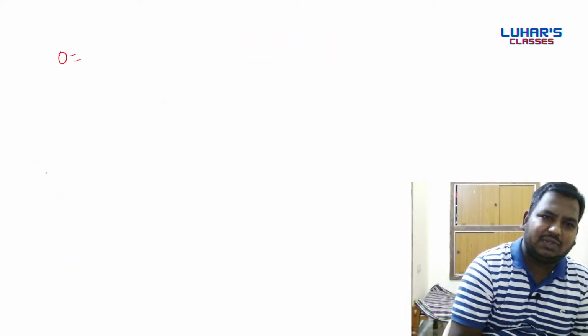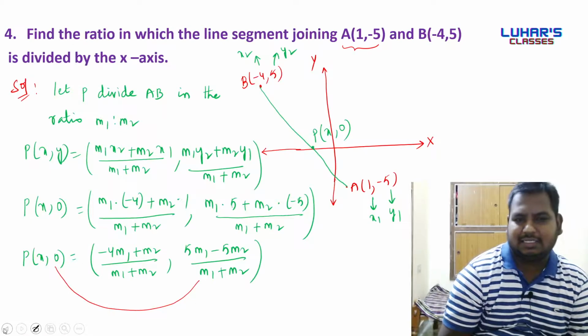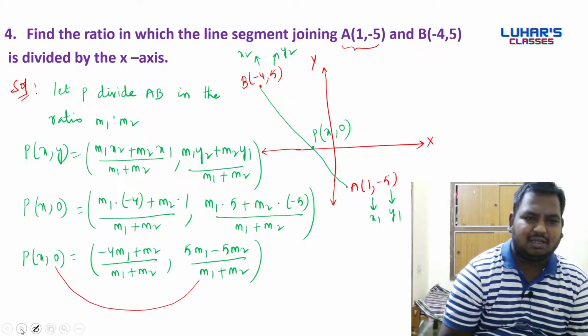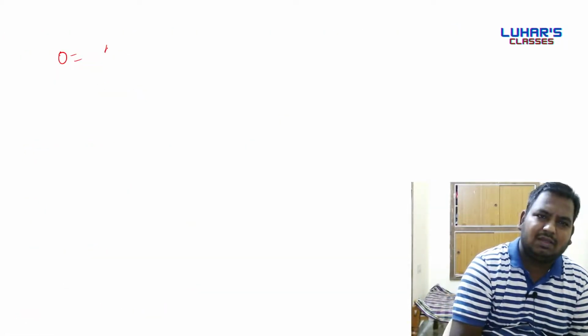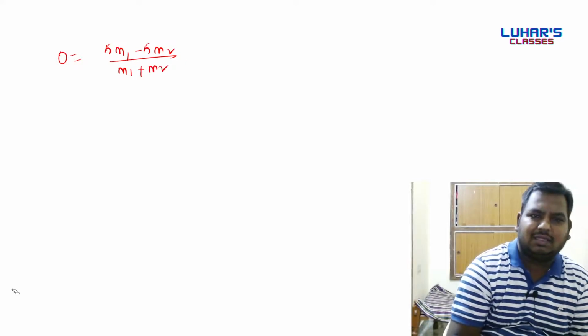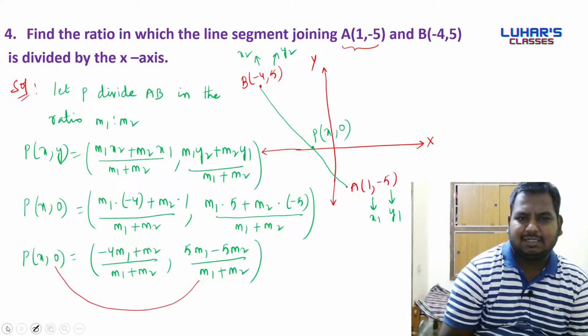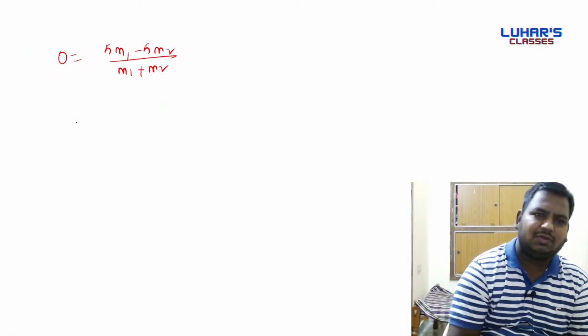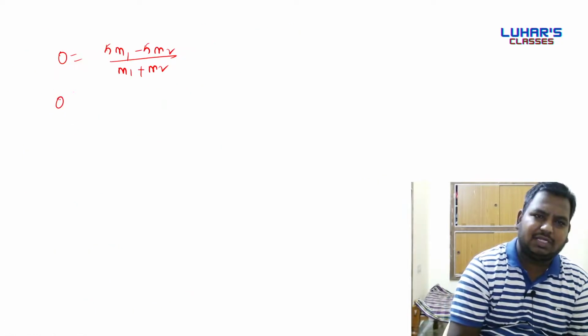What are we going to get here? 0 is equal to, on the right hand side we had 5m1 minus 5m2 by m1 plus m2. So we'll simplify it now. We are going to get 0 into m1 plus m2 is equal to 5m1 minus 5m2.